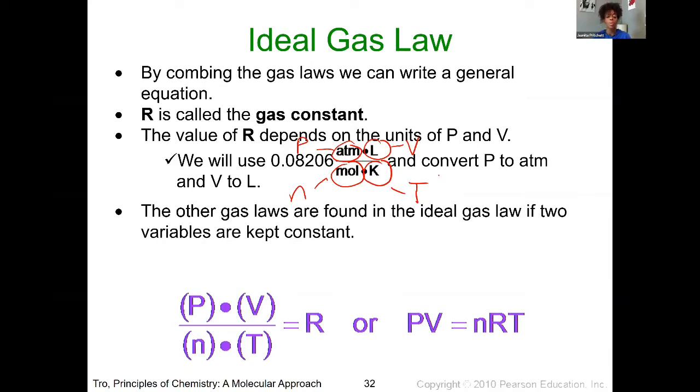Really, this is the foundation for being able to develop those simple gas laws, because if we're able to say that the pressure times the volume divided by the moles times the temperature is equal to this constant, we can use that to come up with this expanded ideal gas law that would show original versus final conditions, and from there we can develop those simple gas laws.